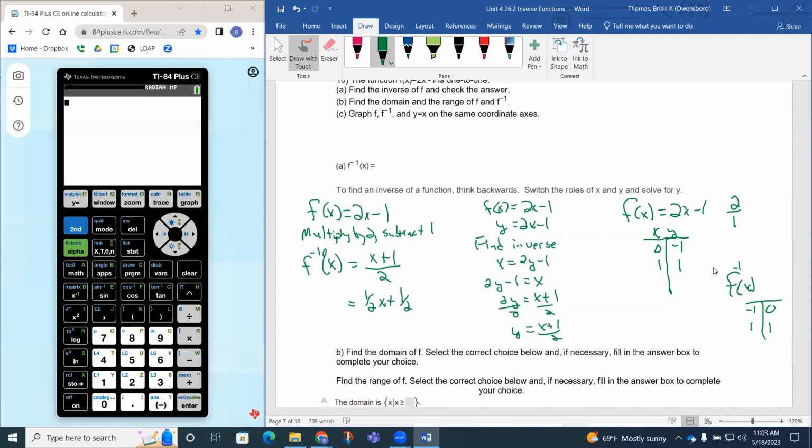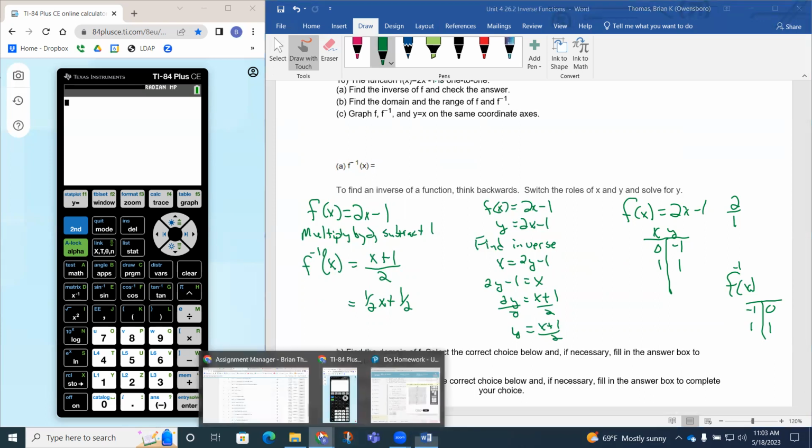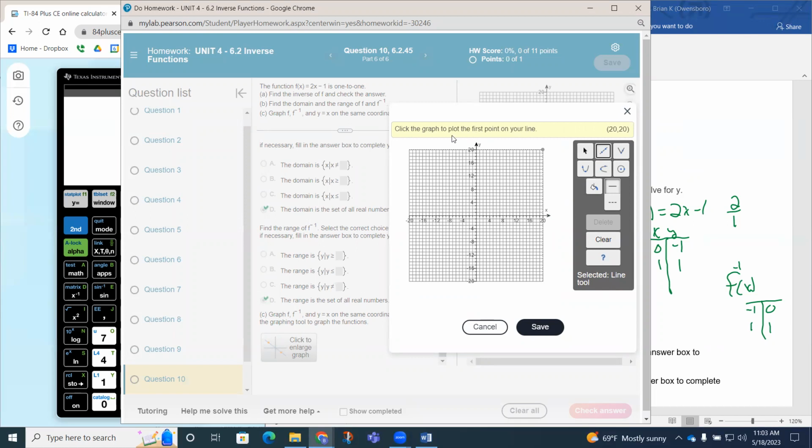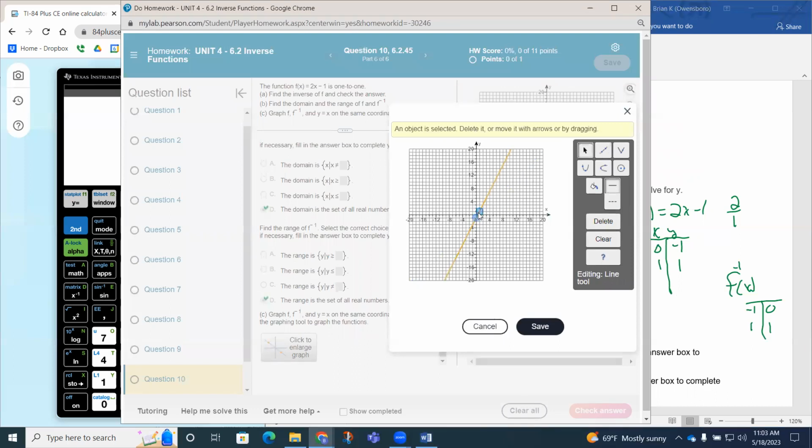So if I want to graph these, let's see if we can graph these 2 points to graph these lines. Let's see if we can get this to work. So these are lines, so I'm going to use this tool here. Click the graph to plot the first point on your line. So 0, -1, that shows up. And then 1, 1. That looks good.